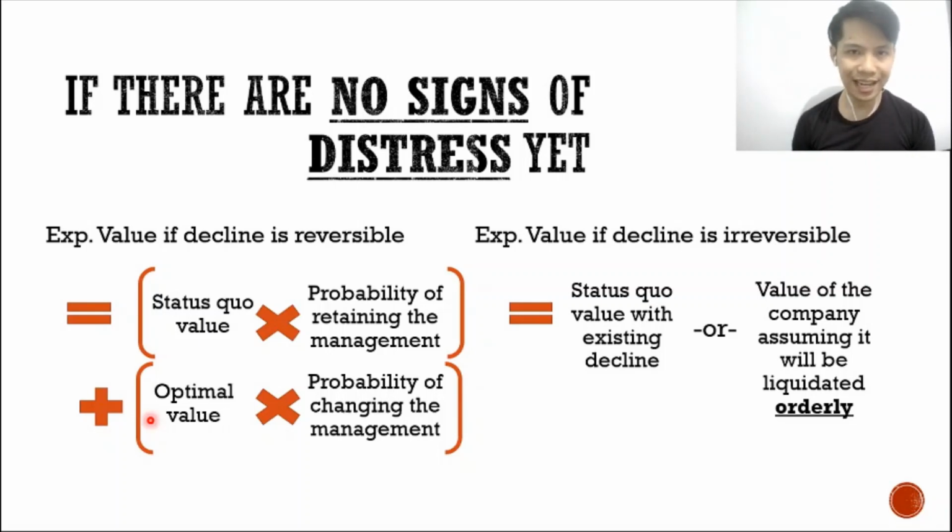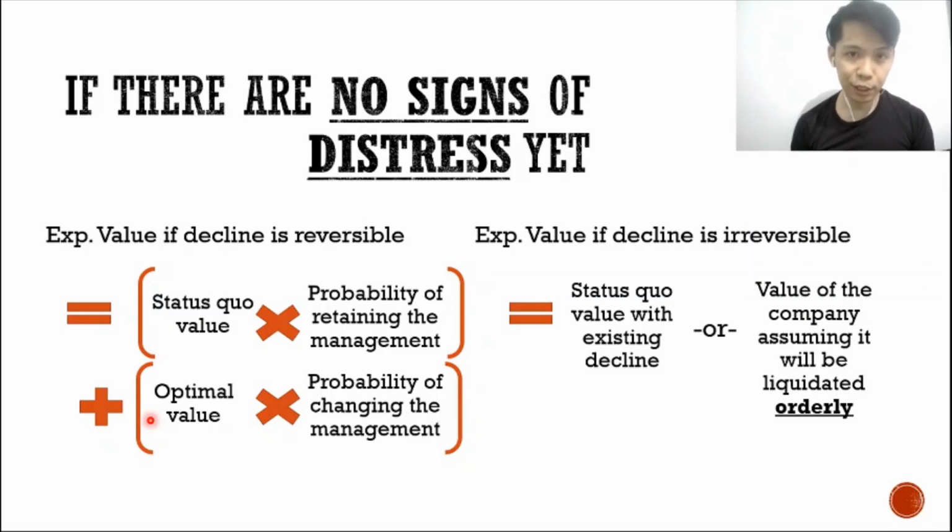That is, the assets of the company will be sold in an orderly fashion. So, if the company is already in decline, maybe the assets of the company would be better off being used by some other business. Maybe we can sell the assets such as the property and machinery at a reasonable price.